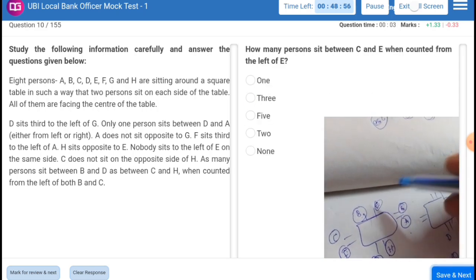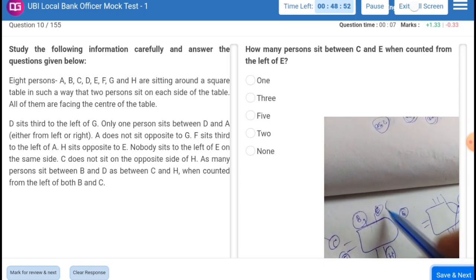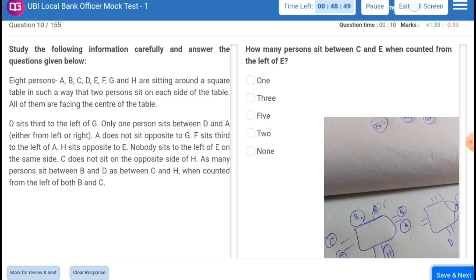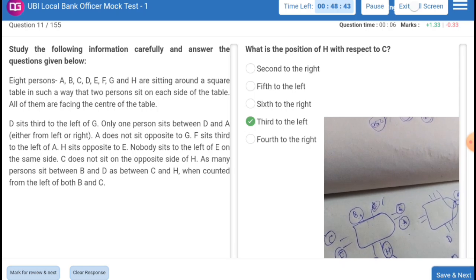How many persons sit between C and E when counted from the left of E? 1, 2, 3, 4, 5. H with respect to C is third to the right, and fifth to the left also.